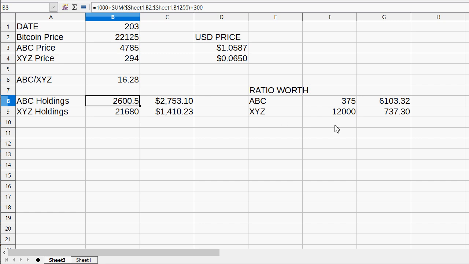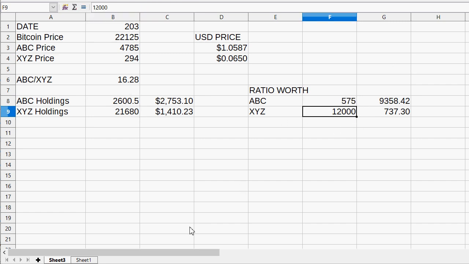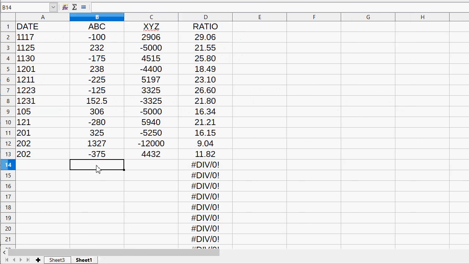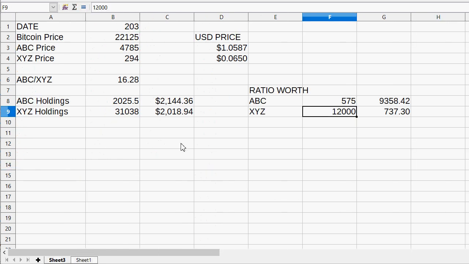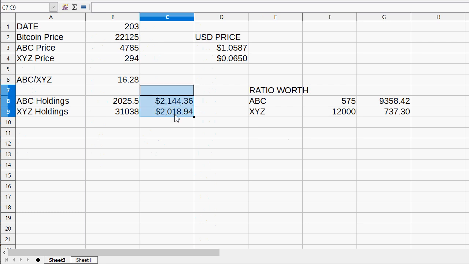Maybe sell like 5, 6, 700. If we sell like 575, that'd be 93.58 back. And you can see now your value would be about $2,000 each. And I wasn't even looking at that for how much I would sell, which is kind of interesting.